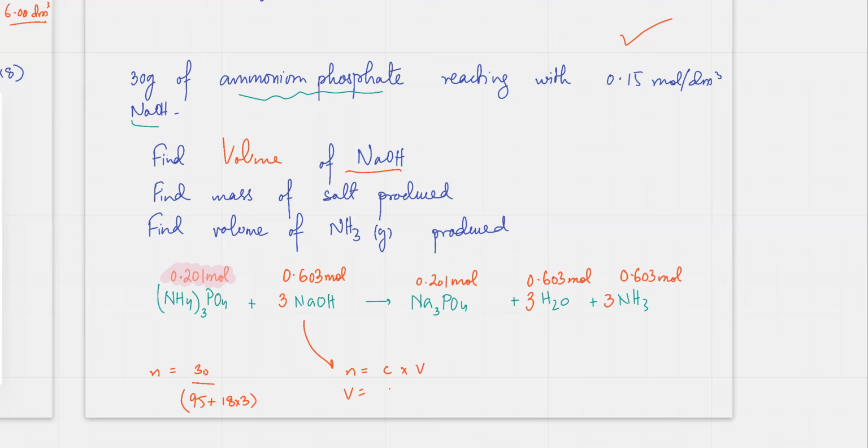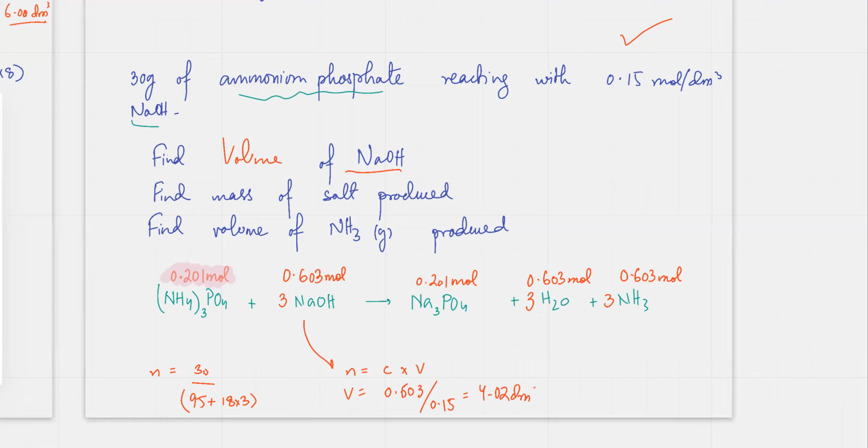Moles you already have, 0.603, and divide that by the concentration, which is 0.15. So how much volume do you get for this? What are you getting for this? 4.02. So you're getting 4.02 decimeter cube.